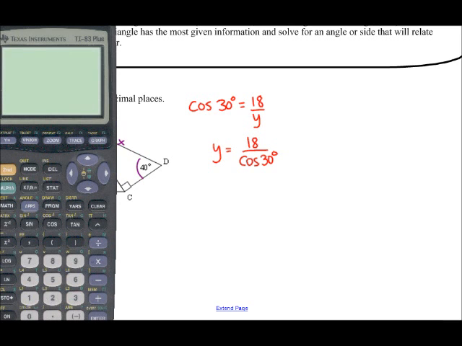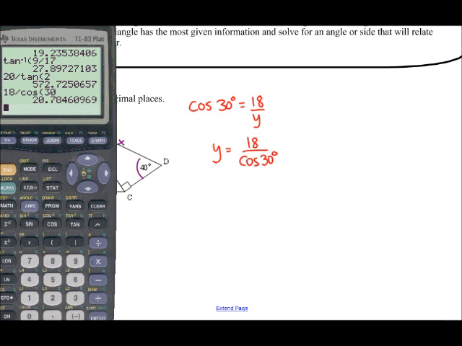Now, my question to you: are we going to round this answer? No, it's not our final answer. We want to keep it exact. Only the final answer goes to 2 decimal places. It's important that when this number comes up in future calculations, we use that exact value, the whole thing. Otherwise, especially if you're rounding your final answer to 2 decimal places, if you only put in 20.8 instead of 20.78 and so on, it can actually change your answer and you'll get your rounding wrong.